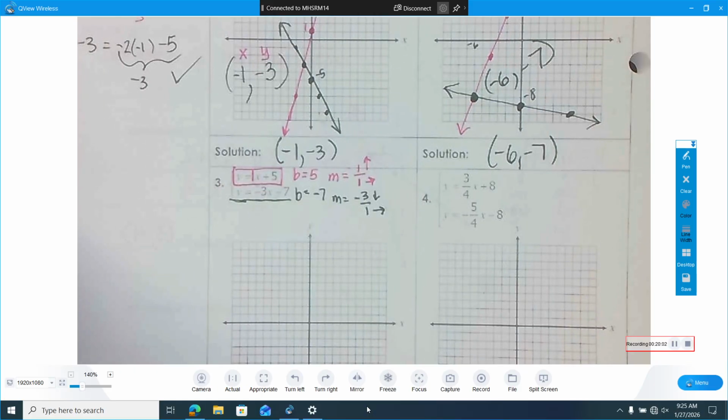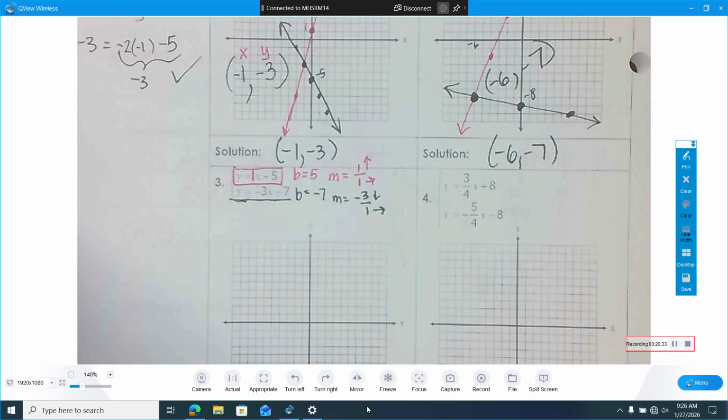Lots of dots for that first line. That first line, super important. The second line is much quicker. All right.